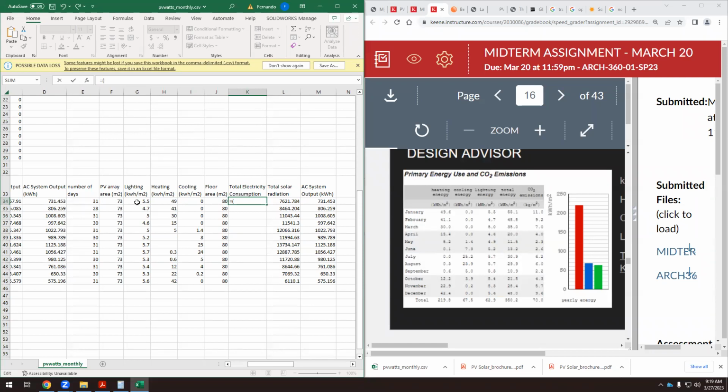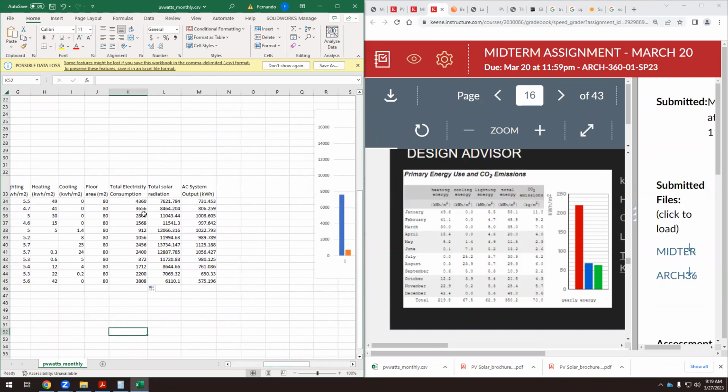So that is lighting plus heating plus cooling, parentheses, times area. There you go. And now we scroll down and we have these nice numbers.